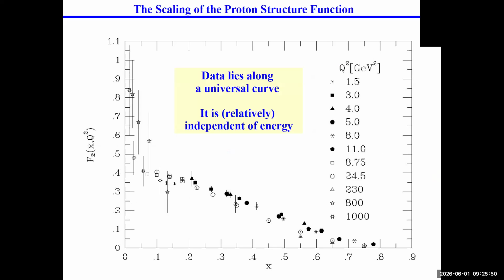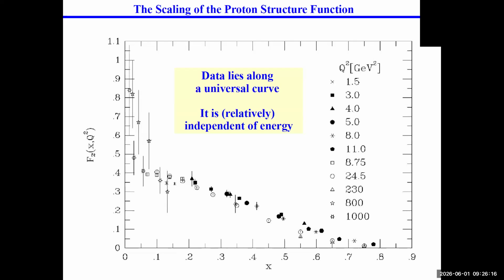And this is the historic curve. This shows a selection of data for the structure function of the proton. It could be a function of x and Q. I'll define those in a moment. But the important thing, Q is the energy scale, and that's related to the energy of the photon I'm probing it with. And you see I'm probing it with all sorts of different energies here. And for all these data points, they all seem to lie on the same curve.